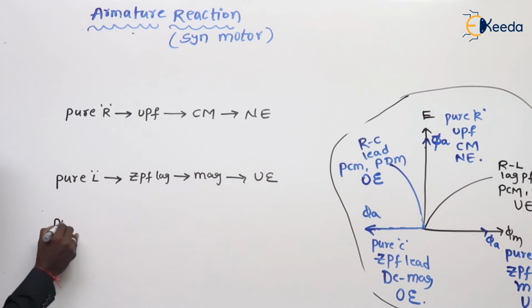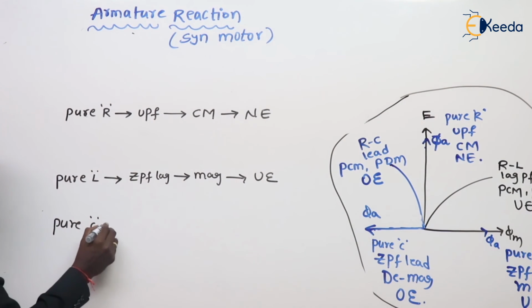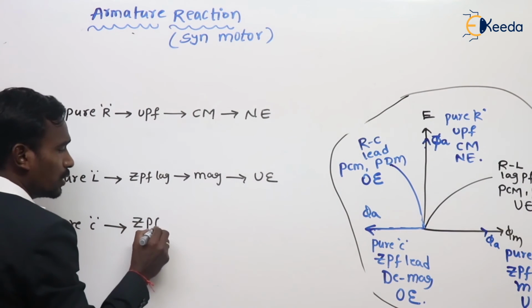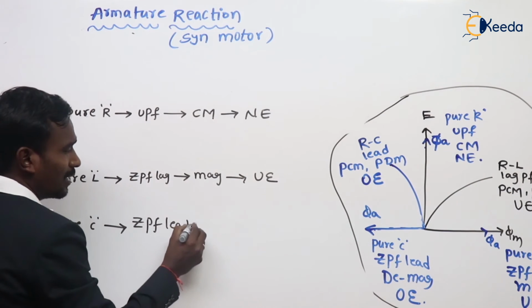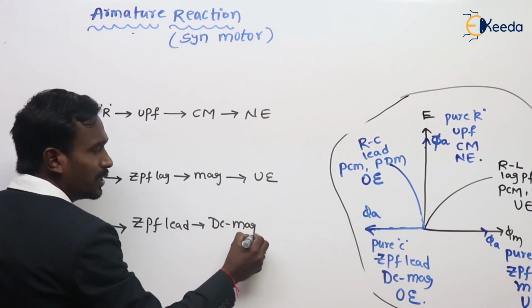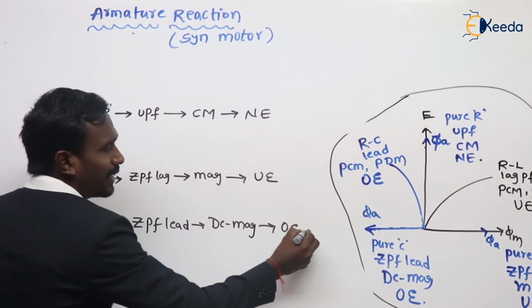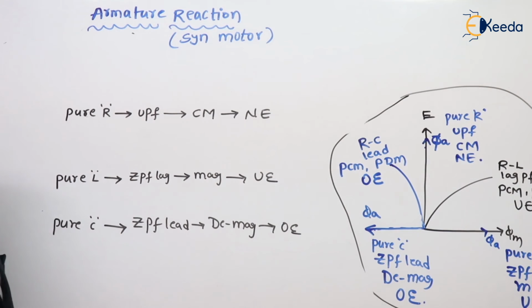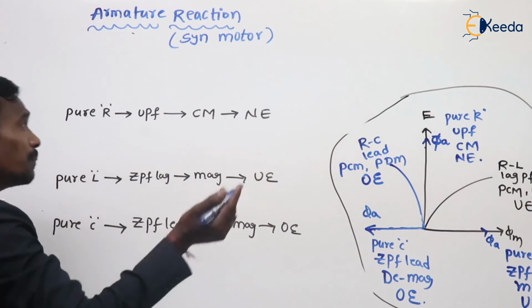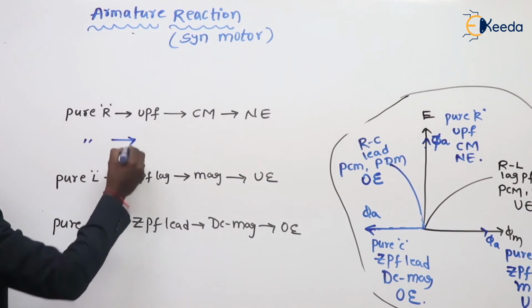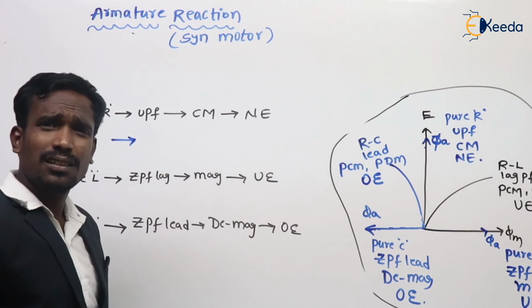Next, pure capacitive load, what is the power factor? Very good, zero power factor leading. What is the armature reaction? Demagnetization, and the excitation is over excitation. This is for synchronous motor. For example, if they ask you about the alternator, for pure resistive load, what is the power factor?